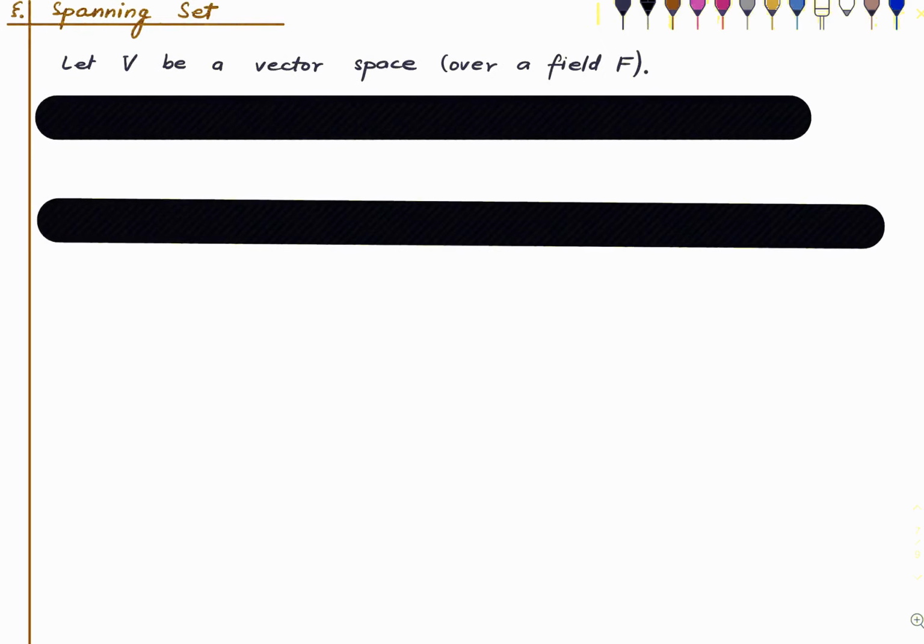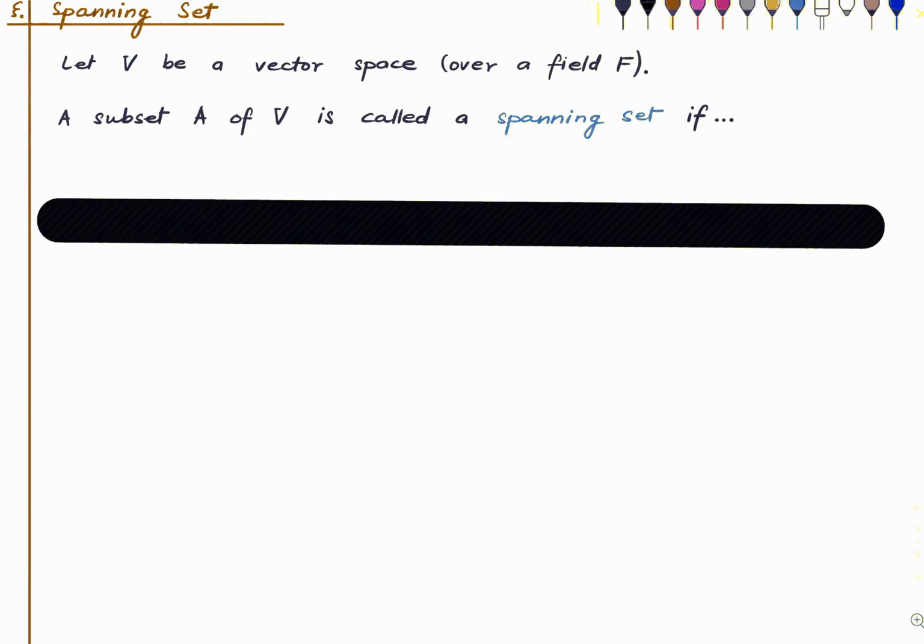Now for the notion of a spanning set. Fix a vector space V over some field F. A subset A of V is called a spanning set if span of it is everything. Nice definition.